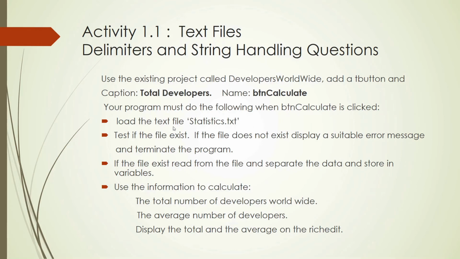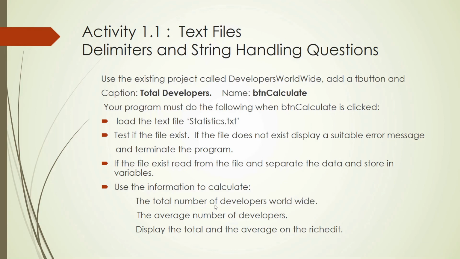Load the text file statistics.txt. Test if the file exists. If the file does not exist, display a suitable error message and terminate the program. If the file exists, read from the file and separate the data and store in suitable variables.